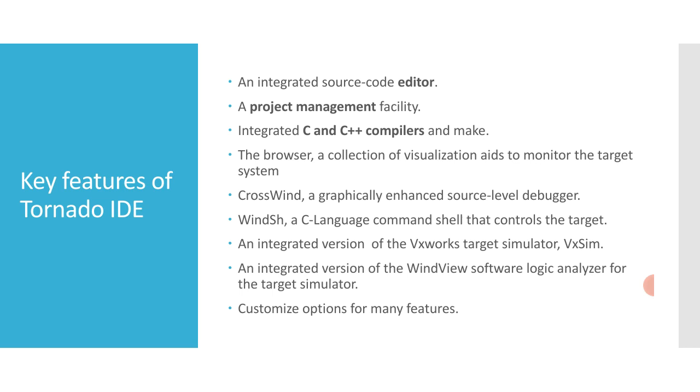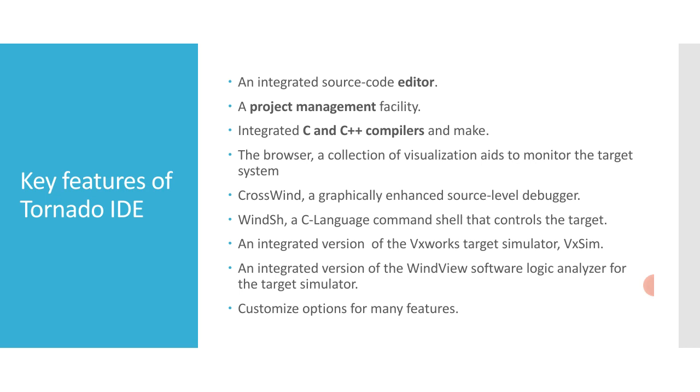Key features of Tornado are an integrated source code editor, a project management facility, integrated C and C++ compilers and make, and the browser, which is a collection of visualization aids to monitor the target system. Then Crosswind, a graphically enhanced source level debugger, and WindSH, a C language command shell that controls the target.